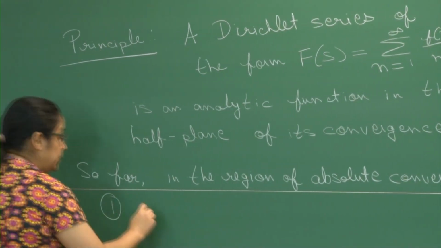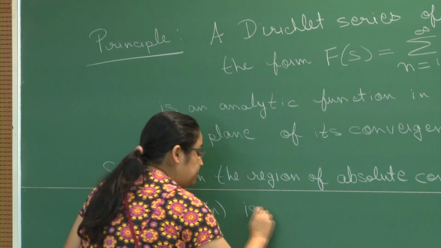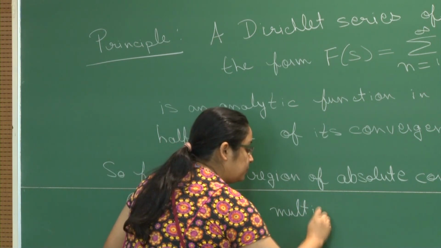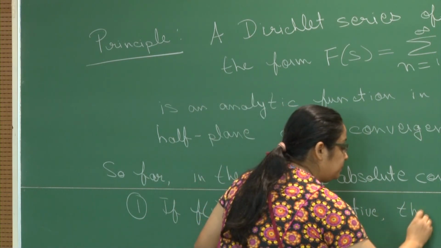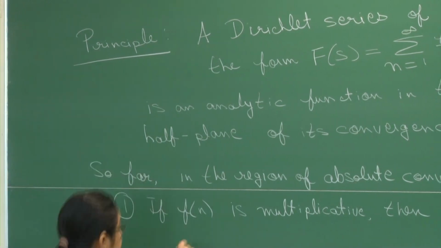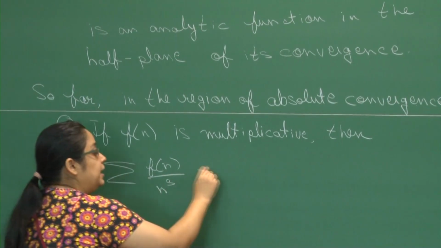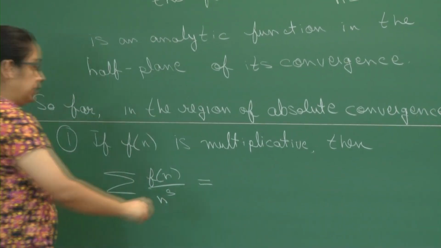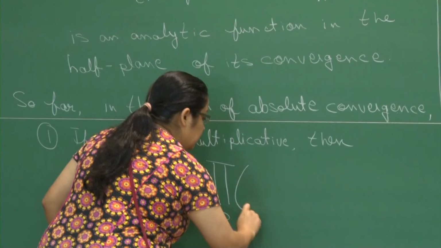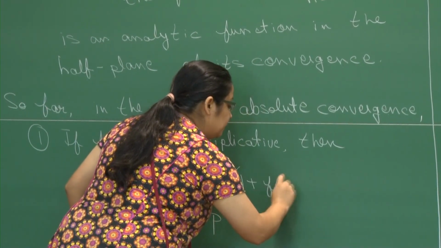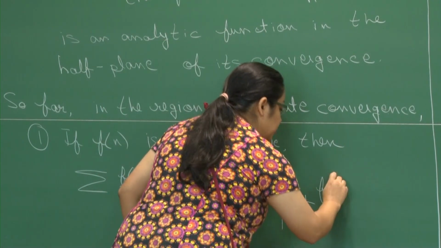So first of all, if the defining arithmetic function is multiplicative, then your Dirichlet series in the region of absolute convergence can be written as an infinite product, or what we call an Euler product, where each of the Euler factors is coming from primes and is of the form 1 plus f of p over p to the s.